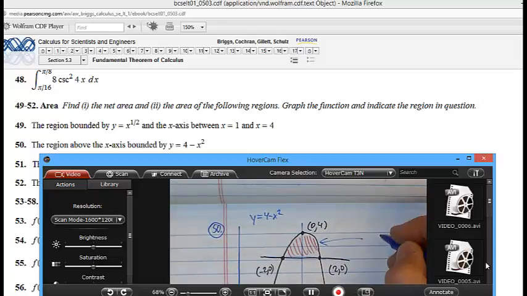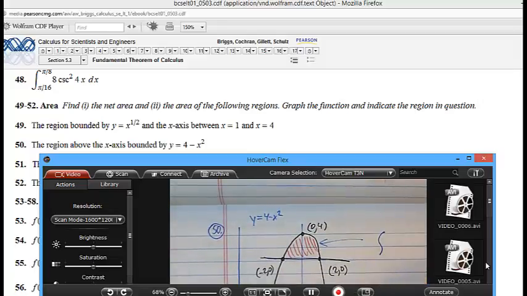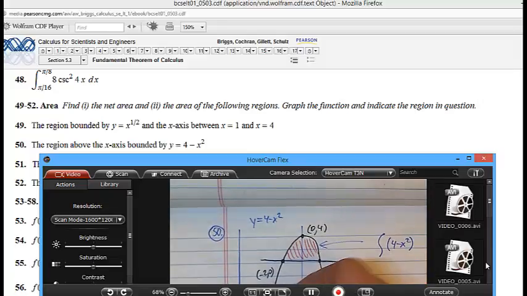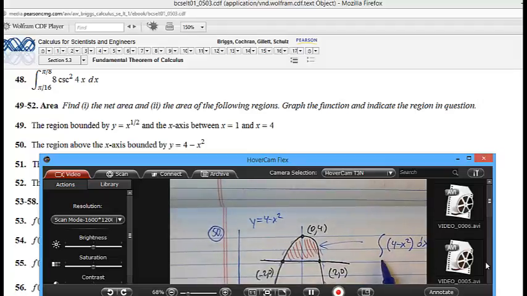Well, I'm going to integrate what function? This 4 minus x squared is the curve, right? So that ought to be it. But I think what I want you guys to figure out is, what are the limits of integration?